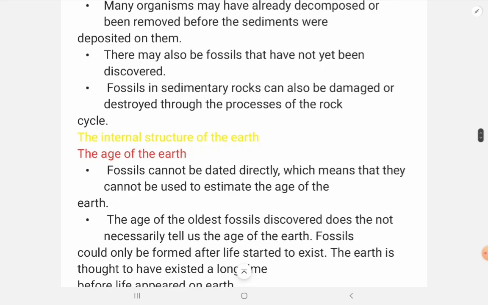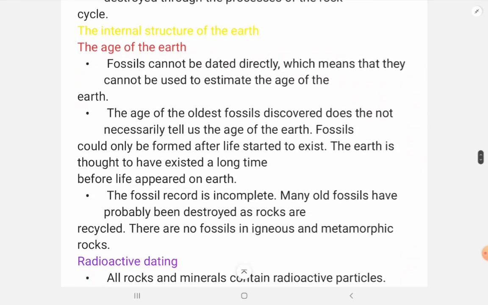Next, the age of the earth. Fossils cannot be dated directly, which means they cannot be used to estimate the age of the earth. The age of the oldest fossils discovered does not necessarily tell us the age of the earth.